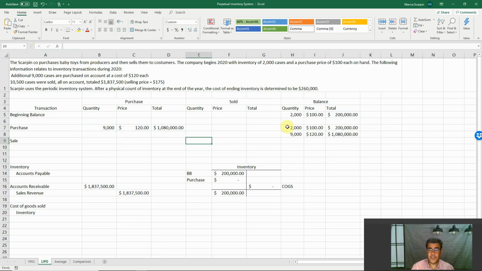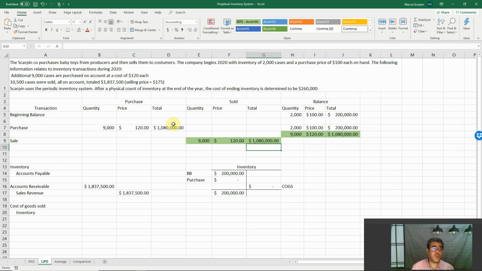thousand cases. Do we have it in our last purchase? No, we don't have enough. So we will sell all of these purchases here. 9,120, 1,000,000.